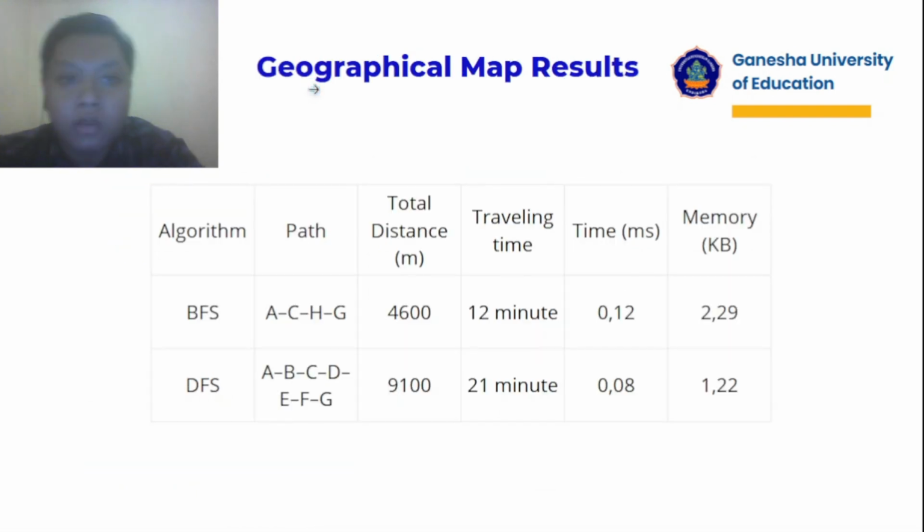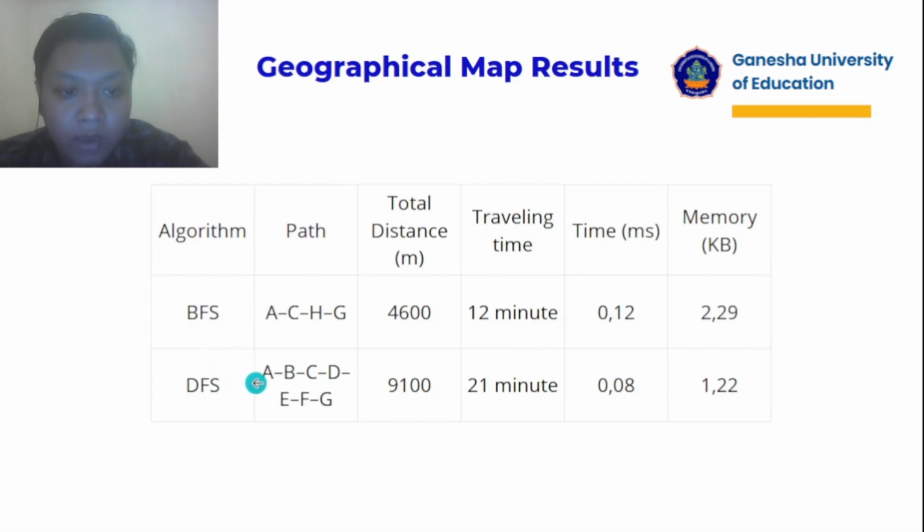Now I will explain the geographical map result. We can see the table here. BFS again gets the shortest path from node A, C, H, and G, where the total distance is 4,600 meters and 12 minutes of travel time.